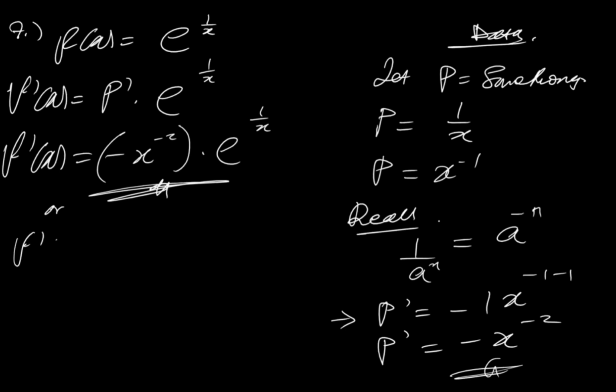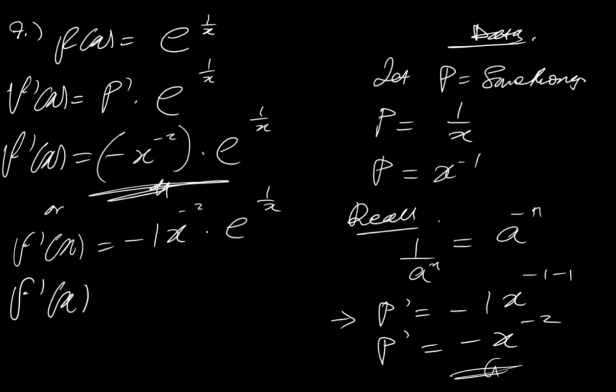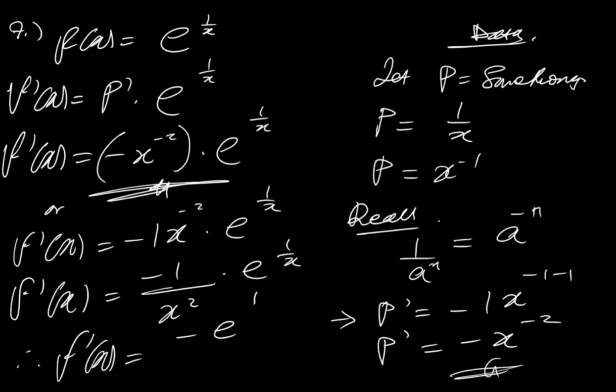Or if you want, since f prime of x is negative 1 times x to the power minus 2 times e to the 1 over x, you can also write this as negative 1 over x squared times e to the 1 over x, which in turn gives me f prime of x equal to negative e to the 1 over x, all over x squared. Like that. And that is our derivative.